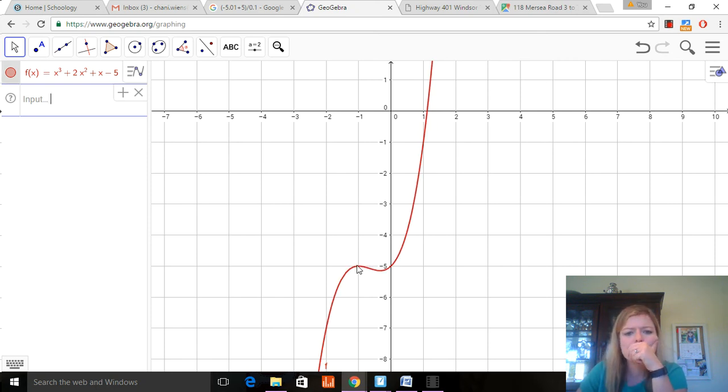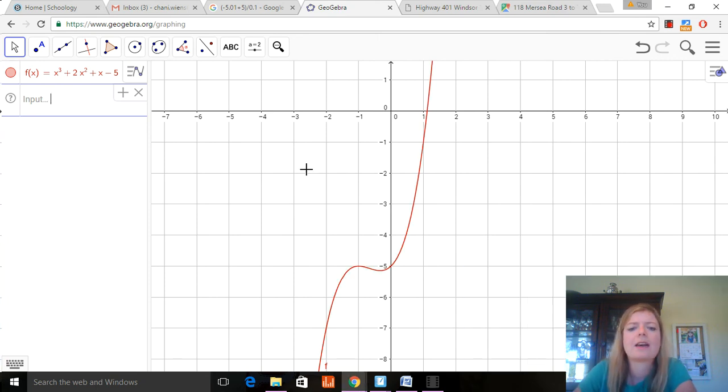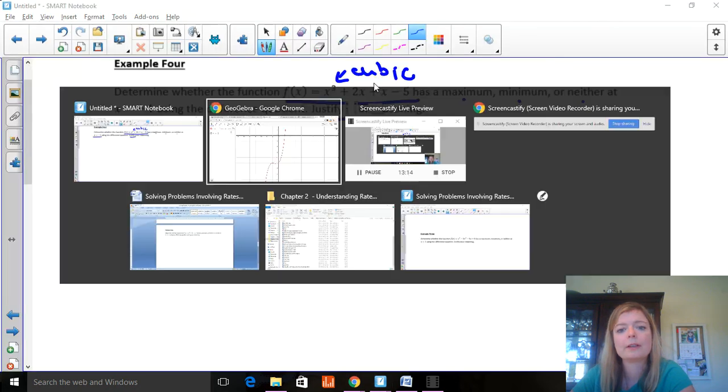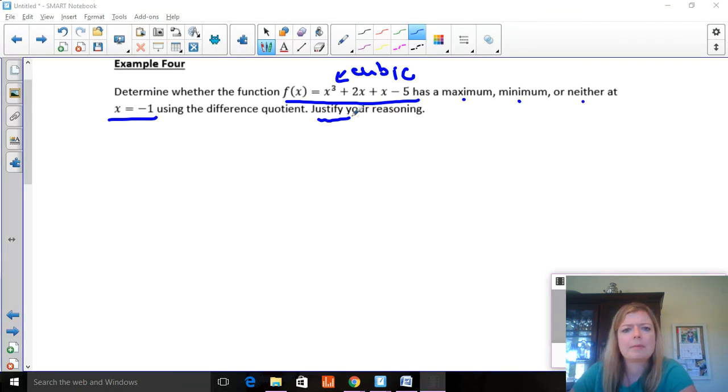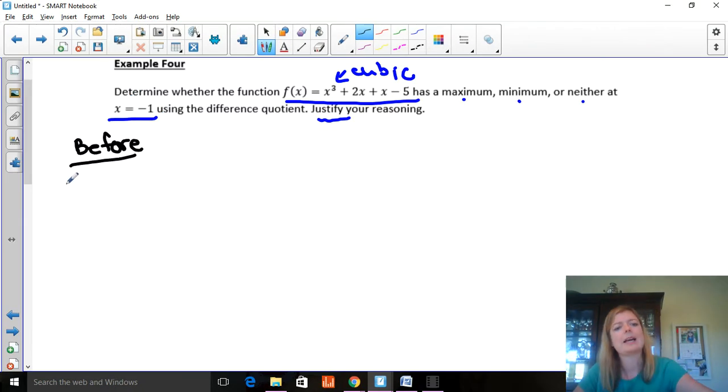Okay, so we want to show that this is in fact a maximum using rates of change. So we're going to need to do a little bit of work, as per usual, to do this. Okay, so we start with our before. So we're going to do the rate of change before -1.